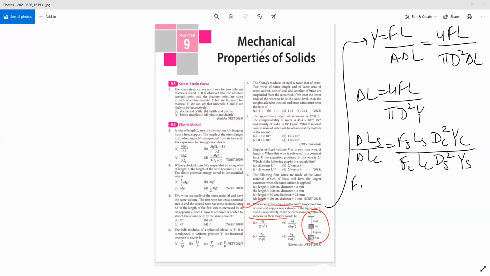So therefore, Fs is equal to 5 plus 2 grams, that is equal to 7 milligrams, and Fc is equal to 5 milligram.